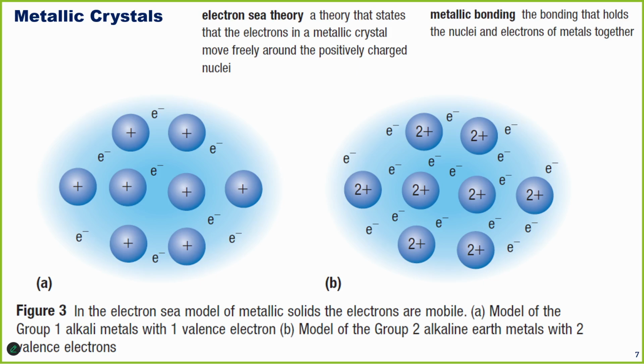The mobile electrons do not associate with one nucleus only, but move from nucleus to nucleus and thereby hold the positively charged nuclei together. This theory explains metallic bonding, the bonding that holds the nuclei and electrons of metals together.